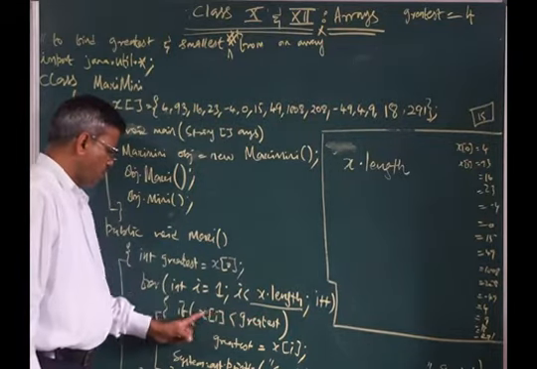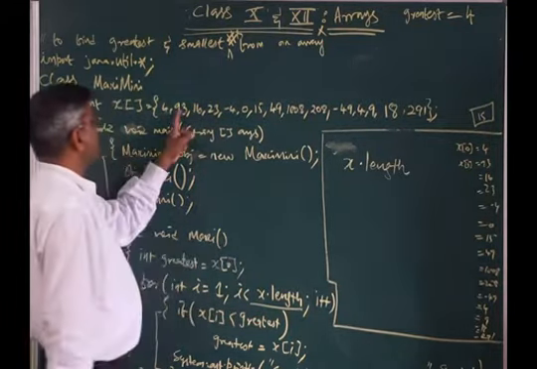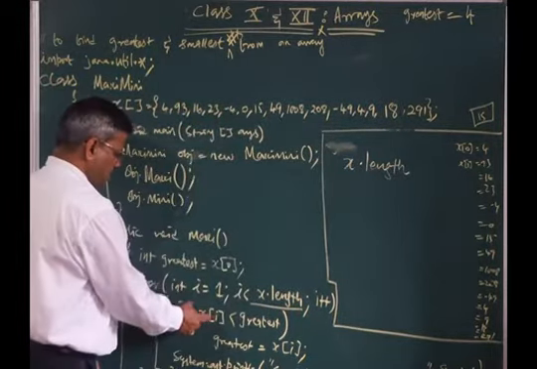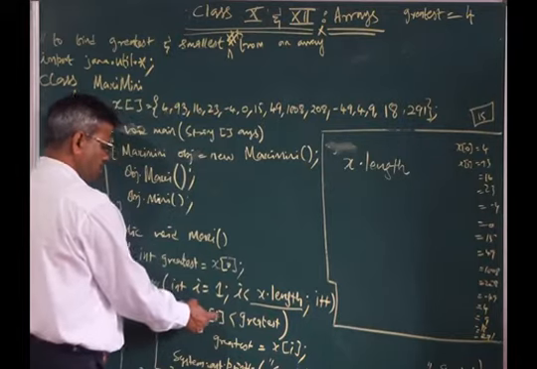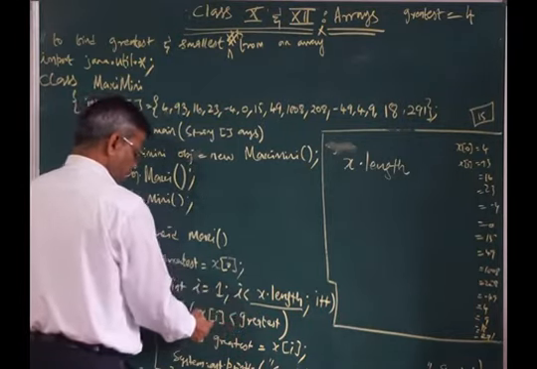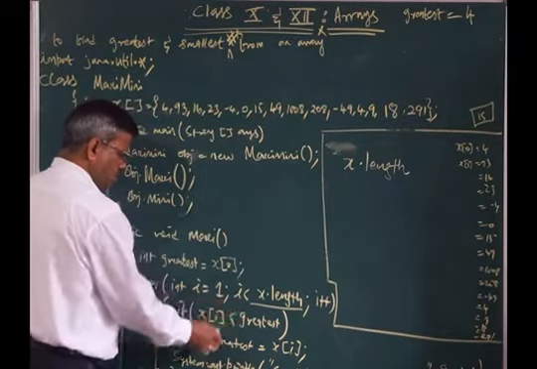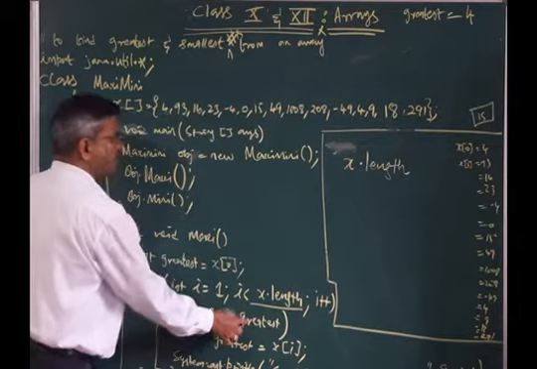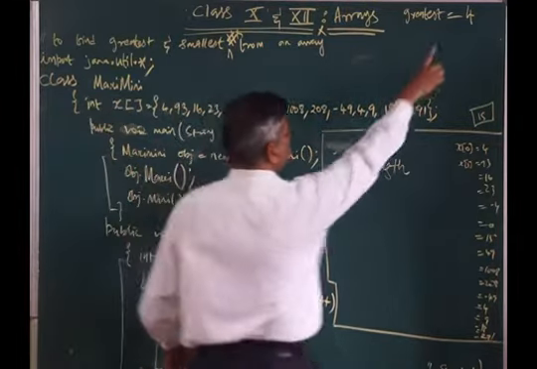First of all, x of 1 is greater than the greatest. The i value is 1. What is x of 1? x of 1 is 93. What is the greatest value? Greatest value will be 4.